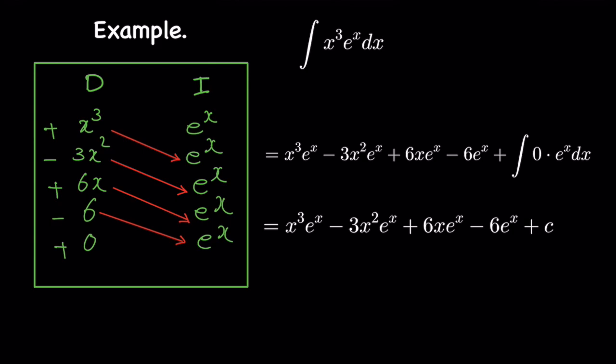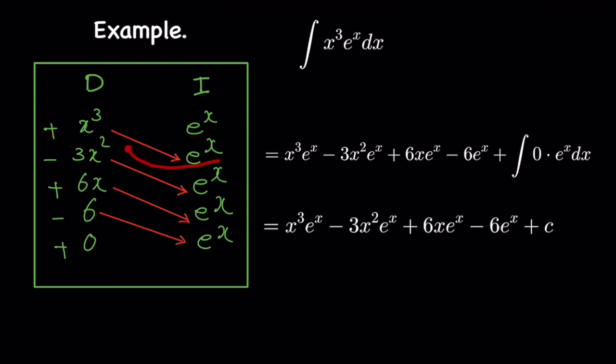What I'm going to do is multiply these diagonal functions. So I'm going to multiply these two functions together. It's e to the x multiplied by x cubed, and it's going to have a plus sign because of this plus sign here.